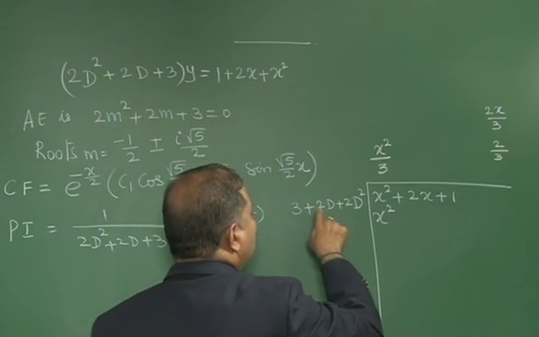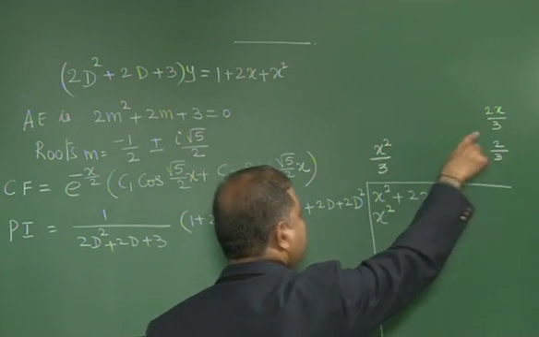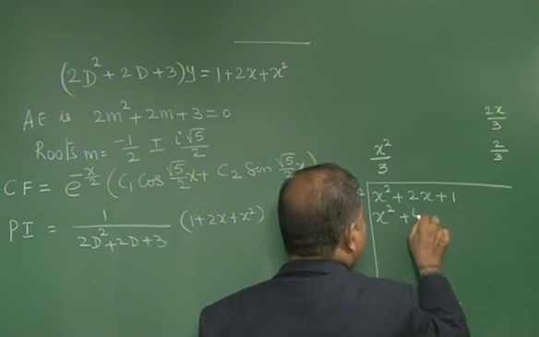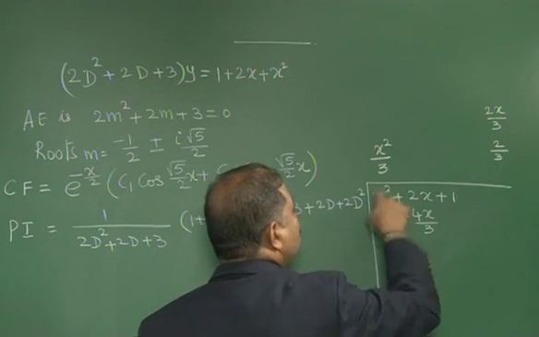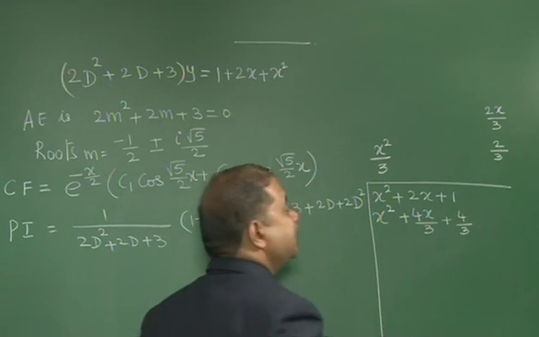So 2 into 2x by 3 becomes 4x by 3, and 2 into 2 times differentiation becomes 4 by 3.